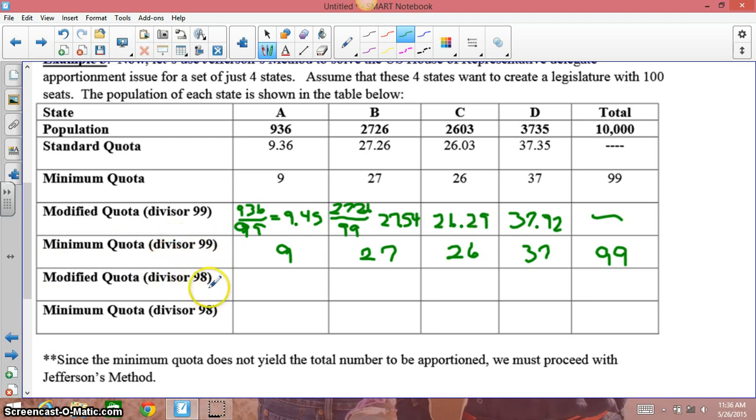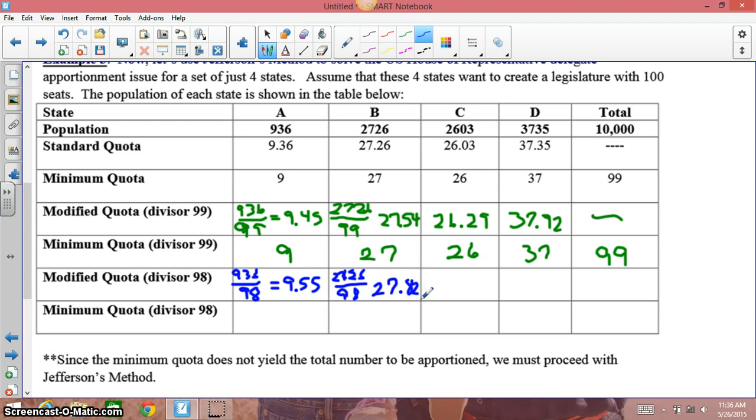So now let me use 98. So now I'm going to take each state population again and divide by 98. So I'll take 936 divided by 98, and that's going to give me 9.55. 2726 divided by 98, that's going to give me 27.82.